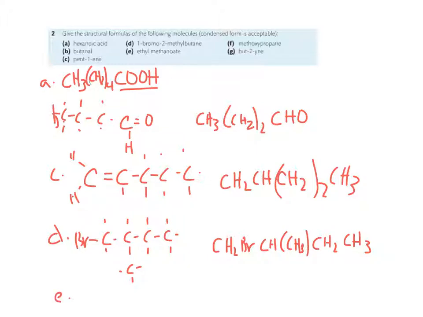Letter E, I've got ethyl methanoate. So what I have to realize with the OATE is that we are talking about an ester. So an ester means I've got a carboxylic acid and an alcohol group combined. And the name is letting me know that the ethyl is the alcohol end, and the methanoate is the carboxylic acid end.